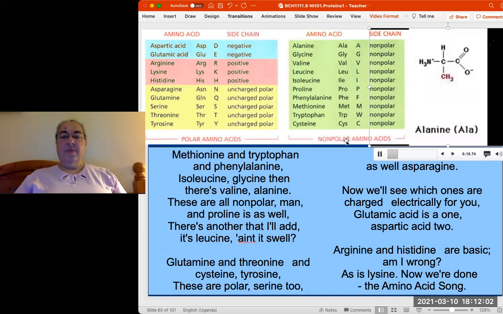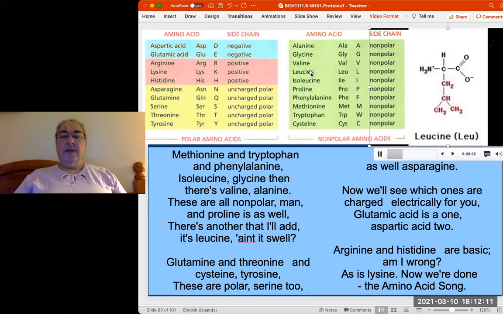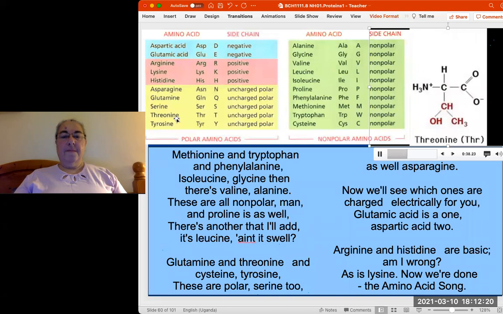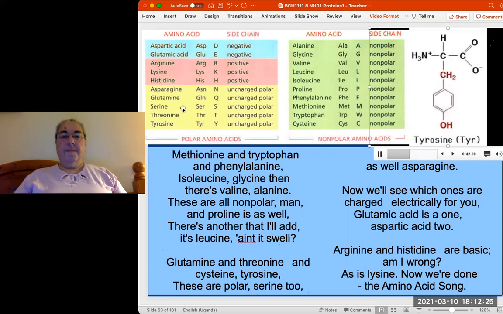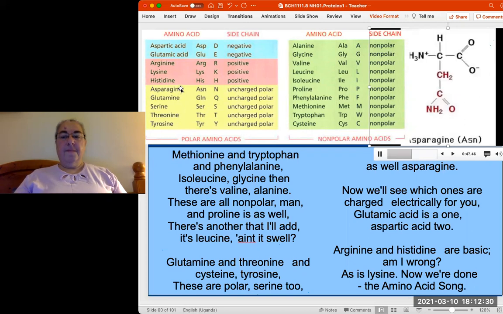These are all as well. There's another one, and isn't it swell. Glutamine and threonine and cysteine, tyrosine. These are polar, serine too, as well as asparagine. Now we'll see which one's in charge electrically for you.